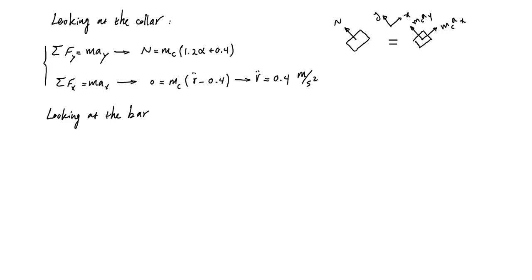This one was r double dot, a relative. The bar, let's say this is the bar for the free body diagram, and then for the kinetic diagram, I'm going to draw it like this. I have the center of gravity in the center, it's a slender bar.